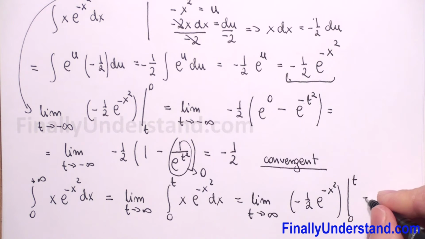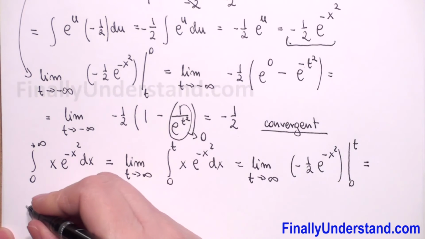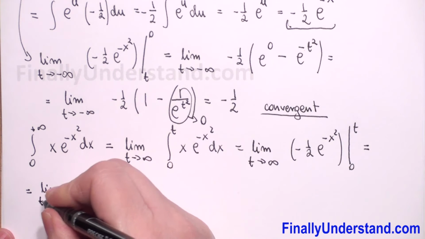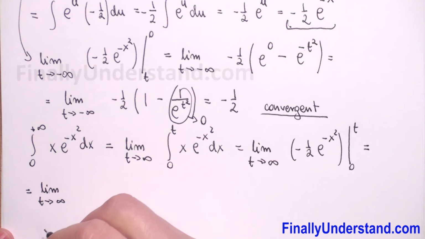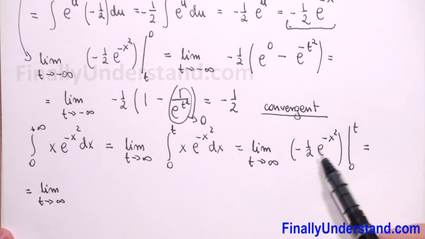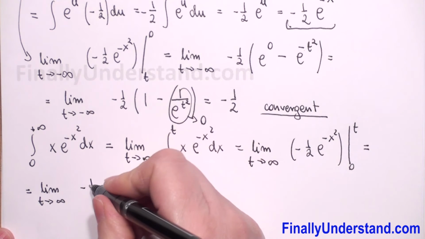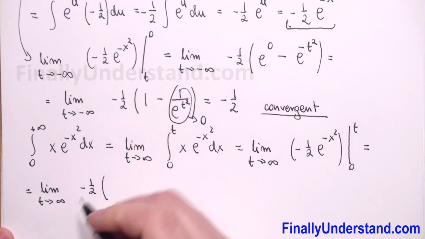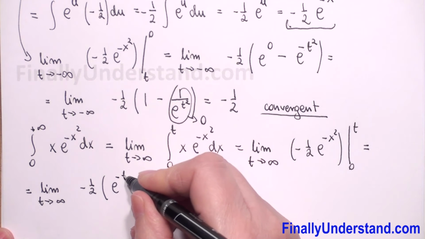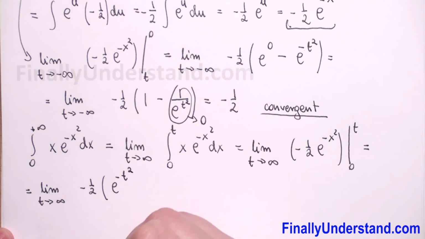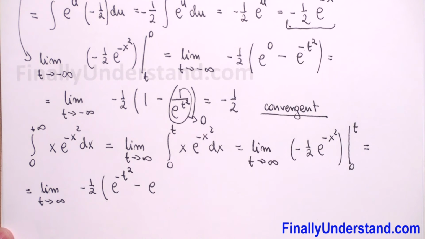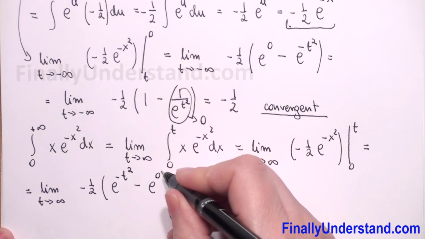And now this is equal to: first we have to copy the limit, t goes to infinity. First we have to plug in the upper limit and subtract the lower limit. So let me put negative 1/2 before parentheses, and we will have e to power negative t squared minus e to power negative 0 squared, which is still 0.